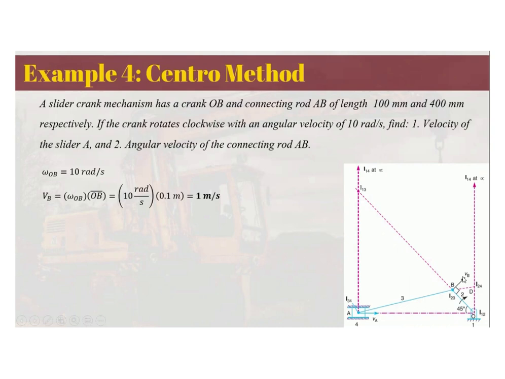The technique to find the Centro using the shortcut method is to draw a line perpendicular to the known velocity. The known velocity is B, moving towards that direction. The perpendicular line is this line. Just extend that line.